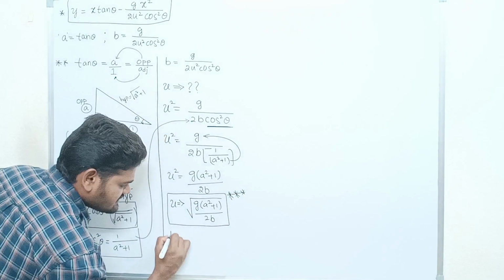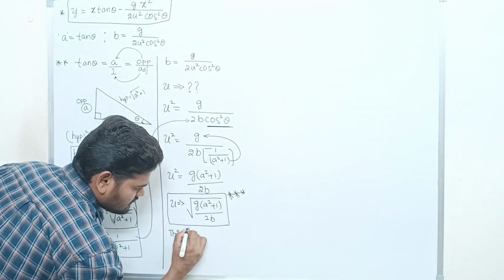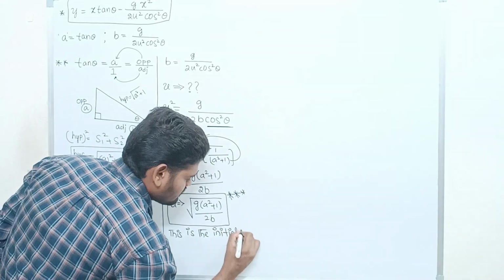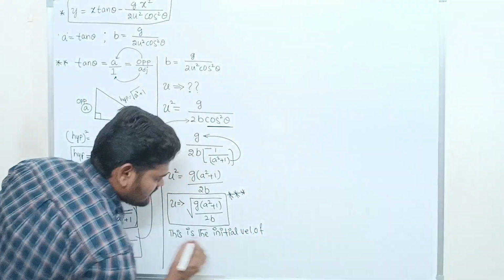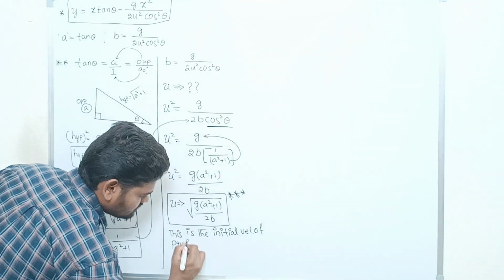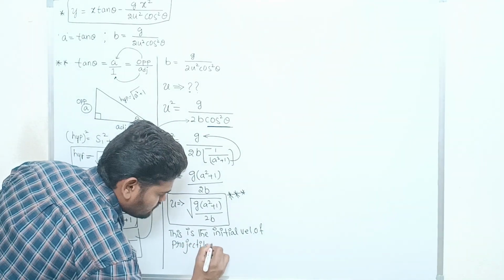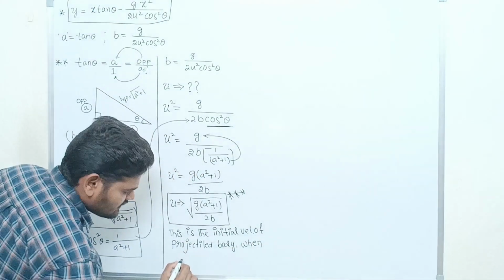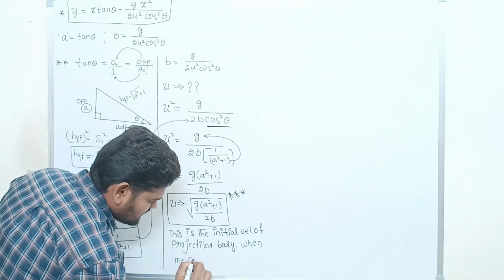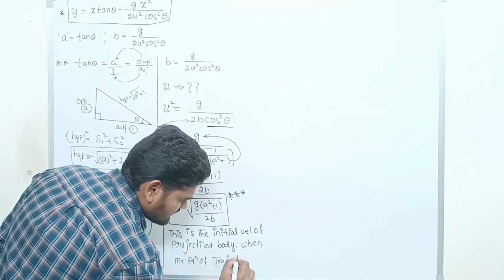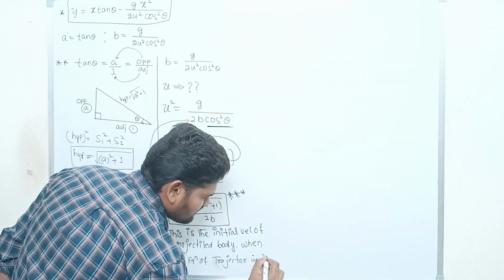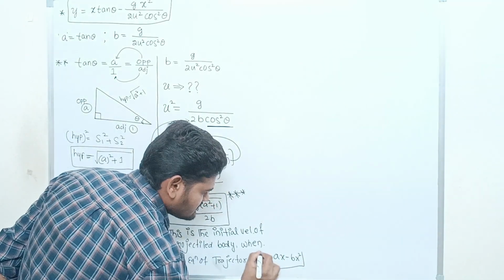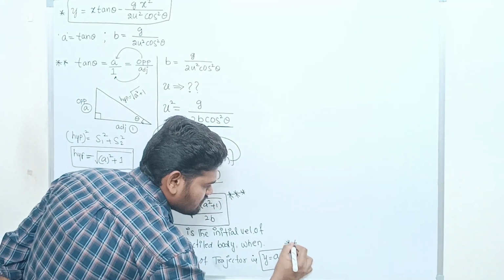This is the initial velocity of a projectile body when the equation of trajectory is in the form of y is equal to ax minus bx square.